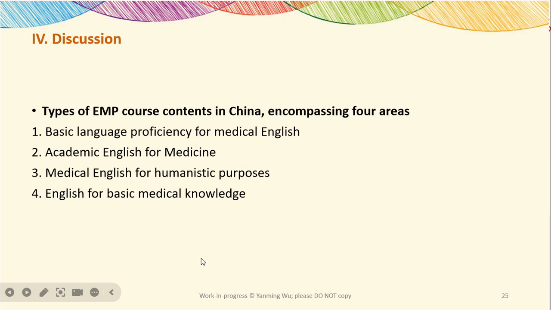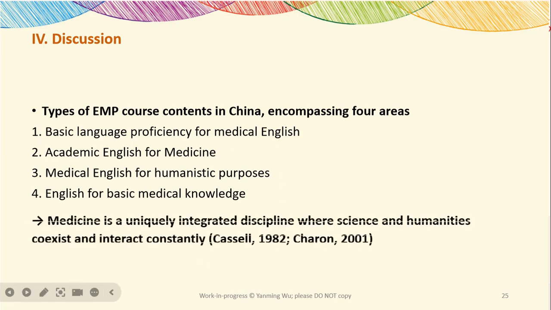In such a classification, we could see that medicine has a long tradition of being understood as a uniquely integrated discipline where science and humanities coexist and interact constantly. Just by looking at these course content classifications, we can see that.